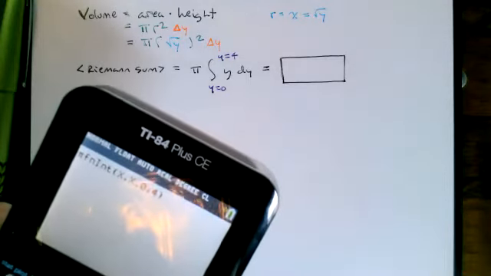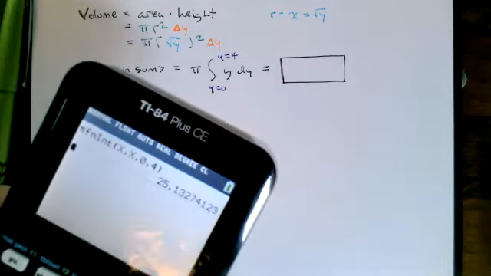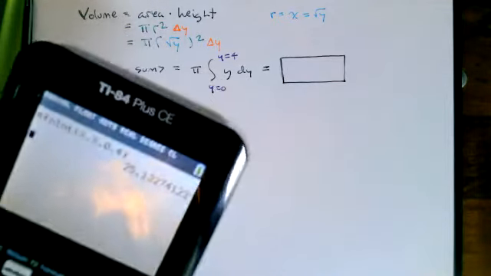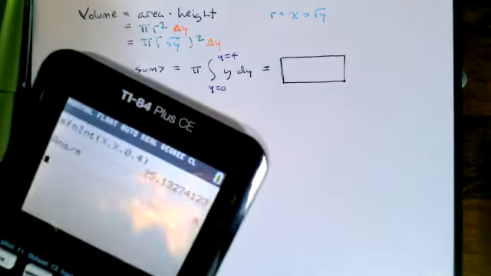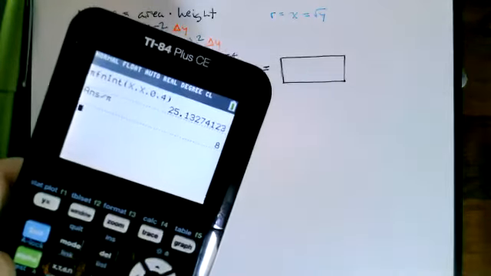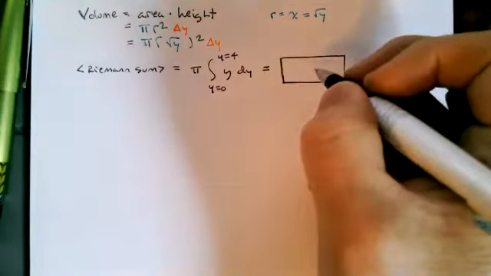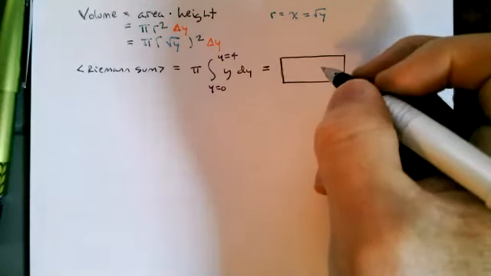Oops. So 25.13. So 8 pi. Did I say 4 earlier? I pretty much do this problem every year. So I don't even know what I just said. So 25.133. Let's just leave it at that.